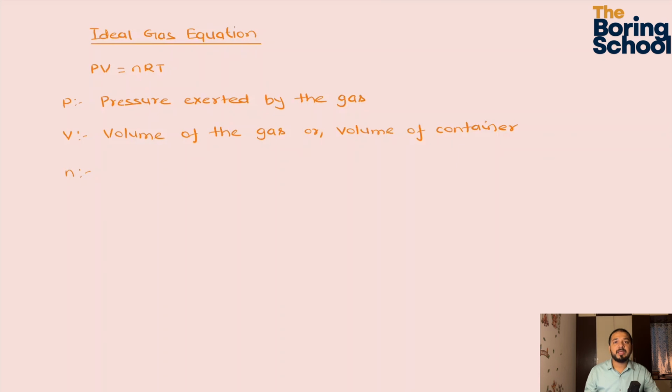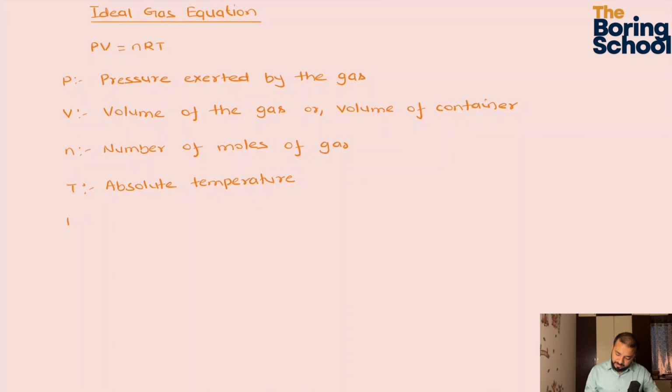And n represents the number of moles of gas, and T represents the absolute temperature. And R over here is the universal gas constant.